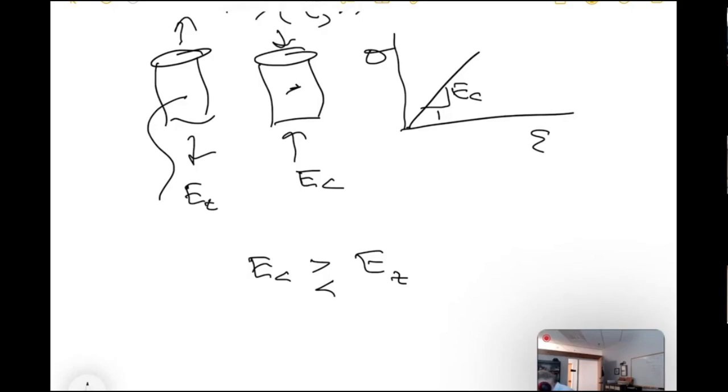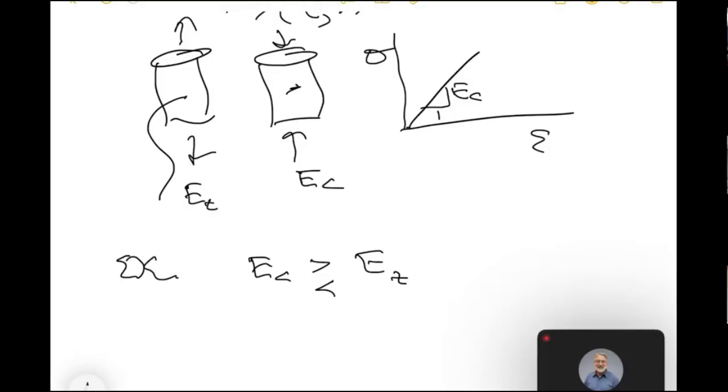Well, I guess EC is smaller. You're thinking smaller. EC is compressed. Oh, sorry, I made a mistake. I think ET is smaller. Why?